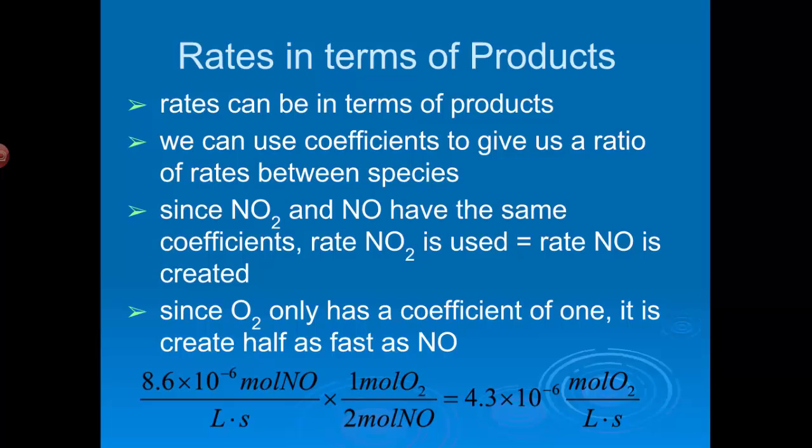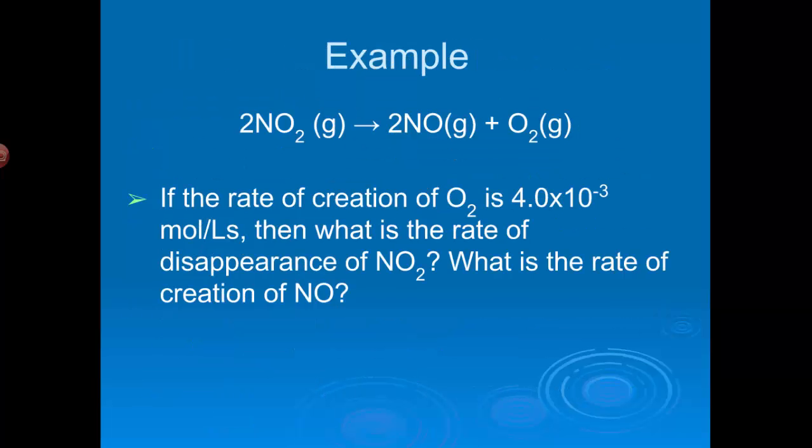So the rate is half as fast for the production of O2, because for every 1 mole of NO that's produced, you only produce half a mole of O2. You need 2 moles of NO to produce a full mole of O2, so the rate is half as fast. Okay, so you can always use the coefficients to figure this out.